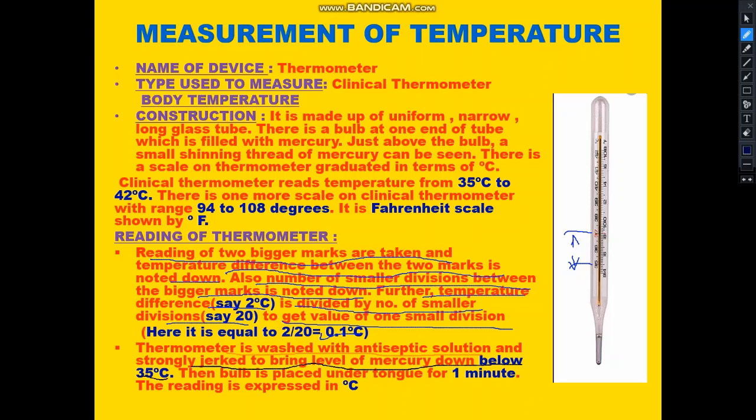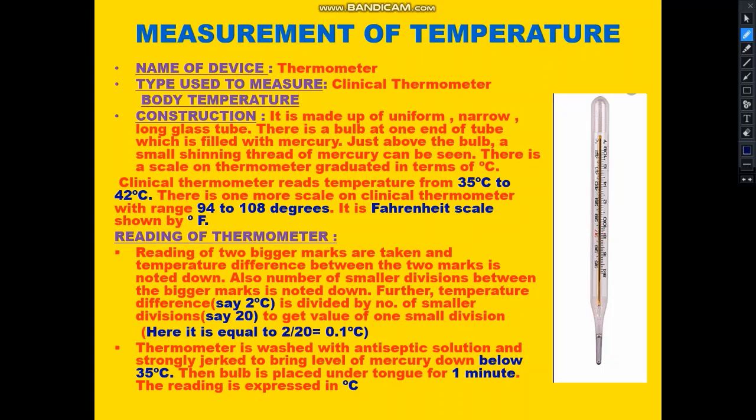Then only you should start taking the reading. After that, the bulb is placed under the tongue for a time interval of 1 minute. And finally, the reading is expressed in degrees Celsius. This is the complete procedure regarding measurement of temperature using a clinical thermometer, and this should be the way it is used for a precise reading.